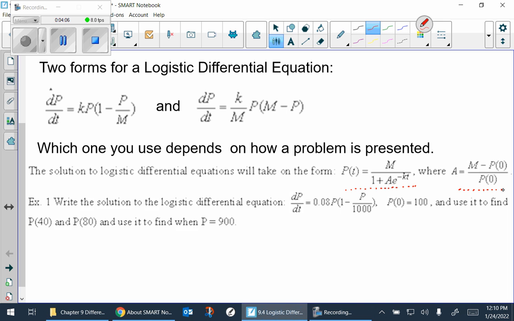And is this some formula that we need, or are these two formulas that we need to remember for the AP exam? Well, there will be at least one question using differential equations on the AP exam.